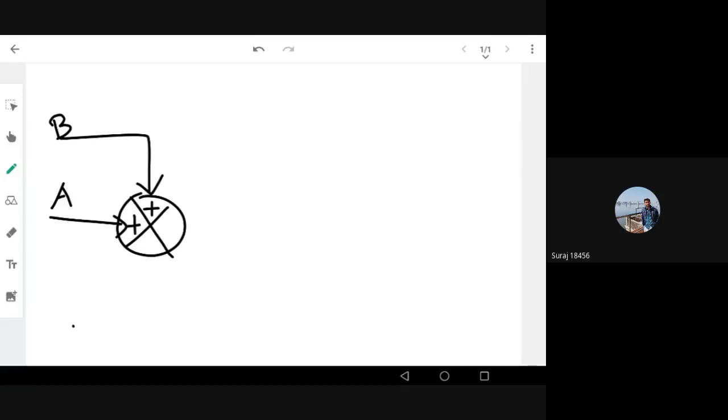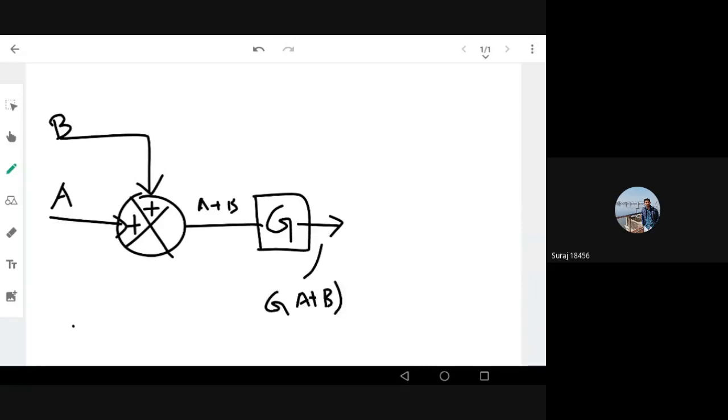A and B are going to the summing point, so the output will be A plus B. Now I have a gain G here, so we have A plus B, and the output will be G into (A plus B). This is my output.